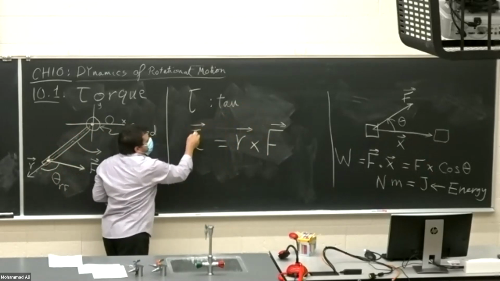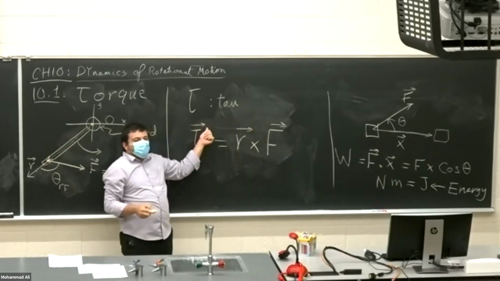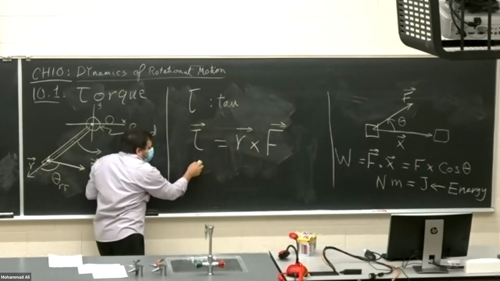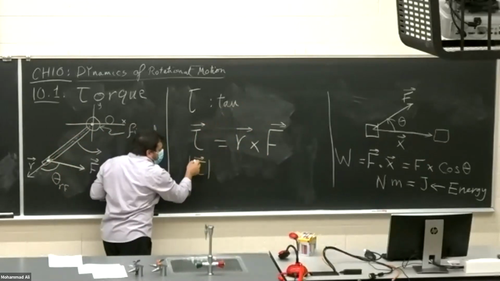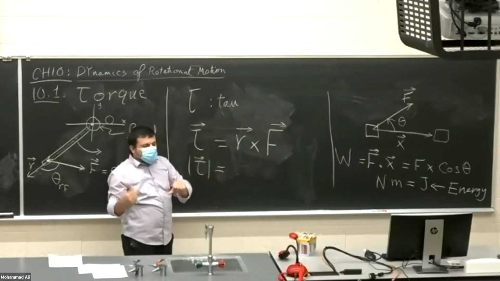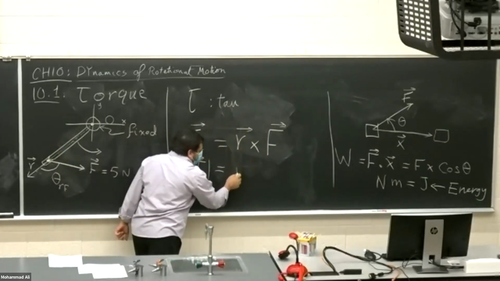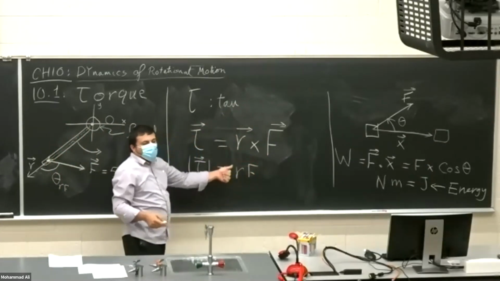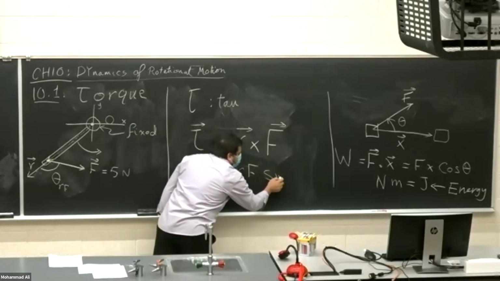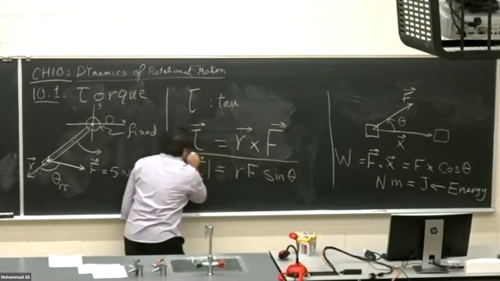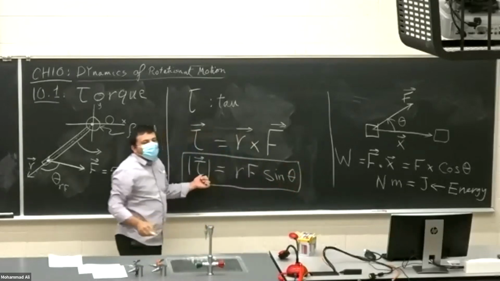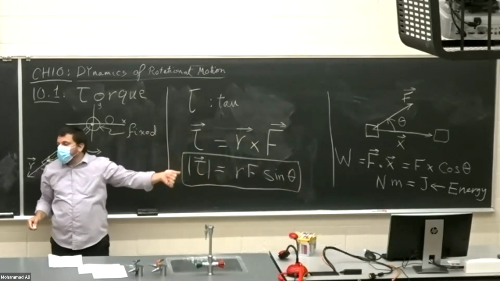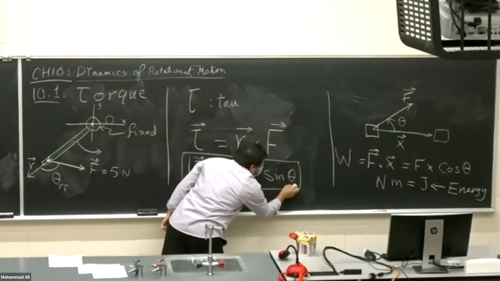And the result of this is a vector. So the torque tau is a vector, and its magnitude, from the cross product, is r f, is it sine or cosine now? For the cross product, it is sine theta. So the magnitude of the torque is r f sine theta, theta between r and f.